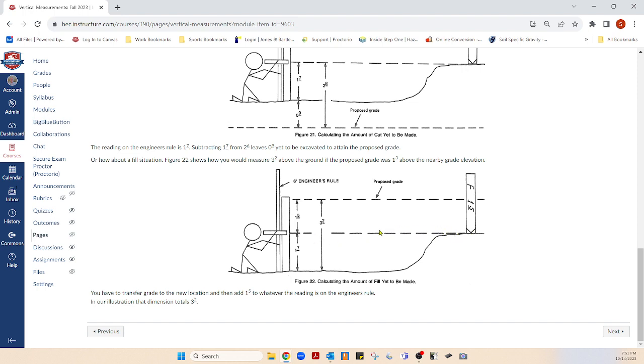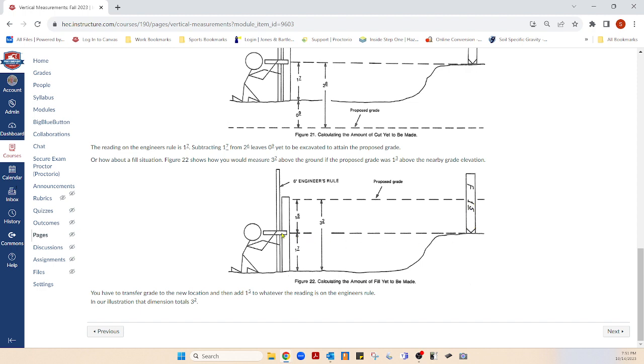From here over here, this tells you what the rule would read. It would read 1.7, but if he drew a line here and measured down, he would measure 1.7. But because his ruler's sitting on the ground, he knows that from here to wherever he marks this stake right here is 1.7 above this location. But this is a fill of 1.5.